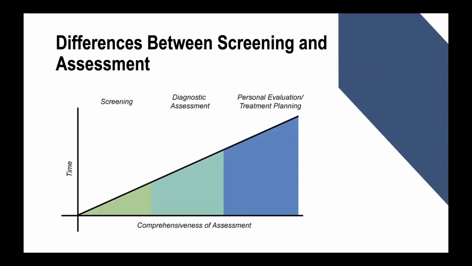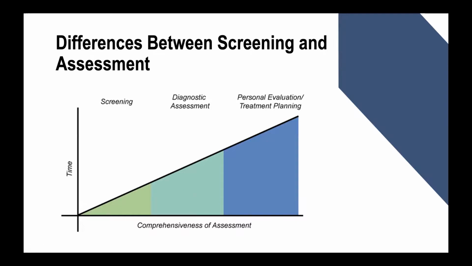Differences between screening and assessment. The first, as you can see here on this axis, is time and the comprehensiveness of assessment. When we're screening, the amount of time it's going to take is very minimal. This is where we can rule out whether or not we think this person needs to go into a deeper assessment of their use disorder or mental health problems.